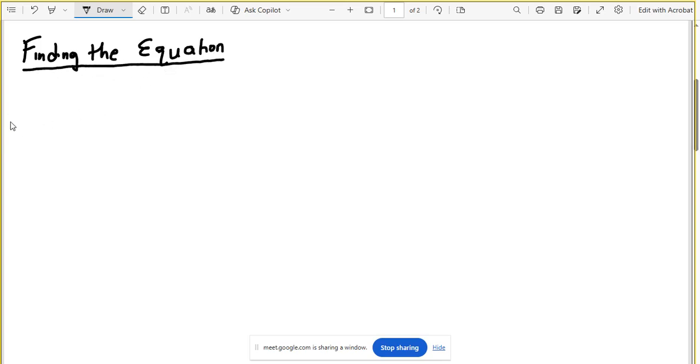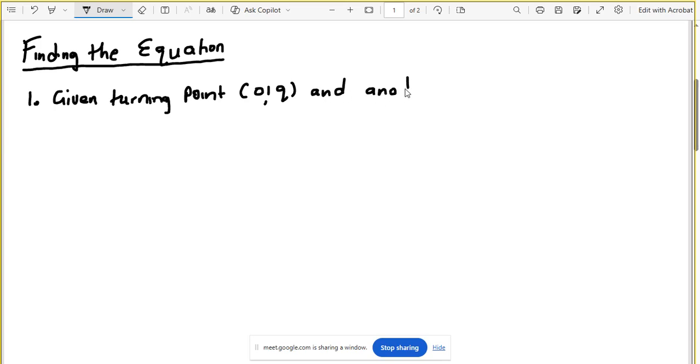The first one, you will be given the turning point, and the turning point is in the form of 0 and q. We also talked about another point. We said the turning point and another point. Can you see my writing? Yes.